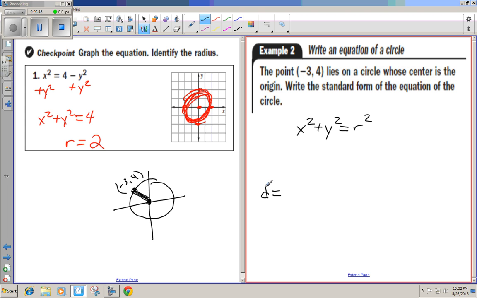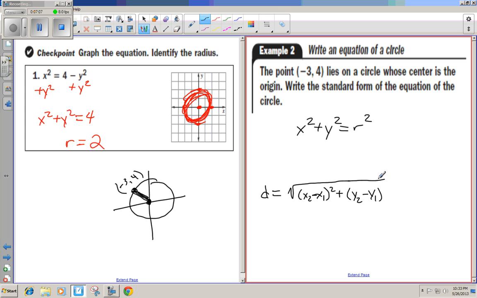When you go back and look at Chapter 9, Section 1, the distance formula is equivalent to the sum of the differences squared.